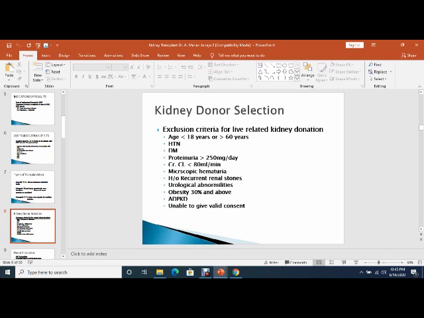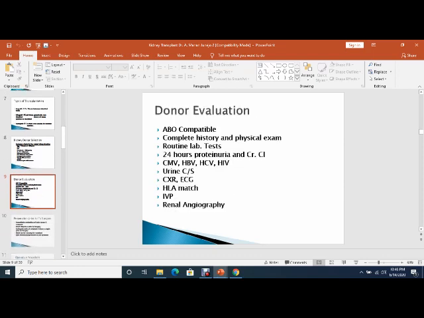Microscopic hematuria, history of recurrent renal stones, or other urological abnormalities. Obesity 30% or above. Autosomal dominant polycystic kidney, but kidney donation is not contraindicated if the kidneys are not huge and not creating recurrent infections. Valid consent is very important.